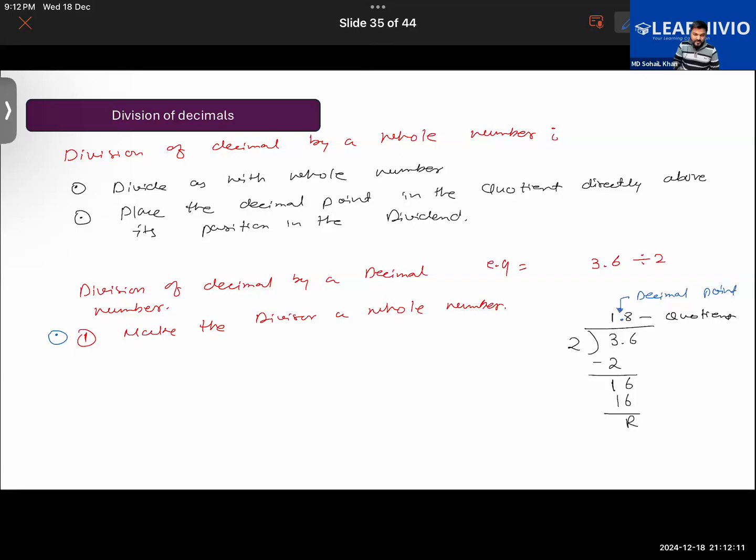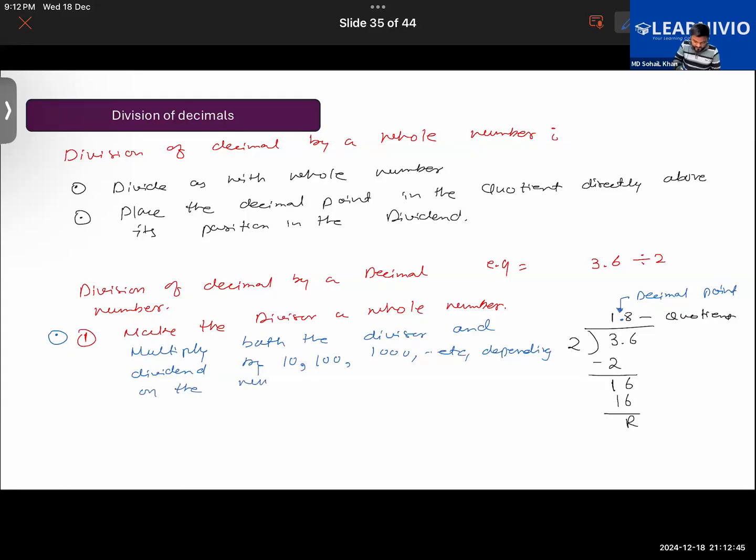Under the same heading, you're going to write down: multiply both the divisor and dividend by either 10 or 100 or 1000, etc., depending on the number of decimal places in the divisor.